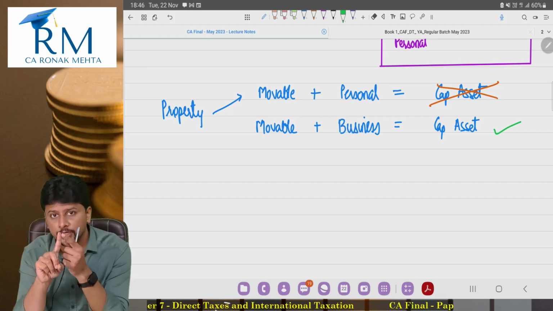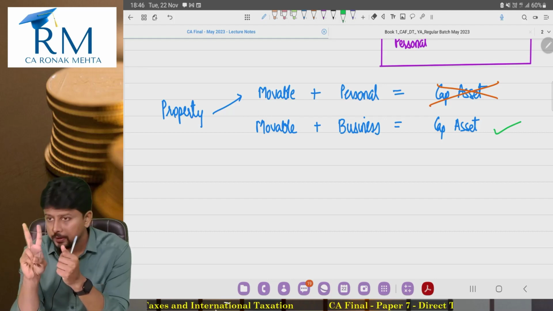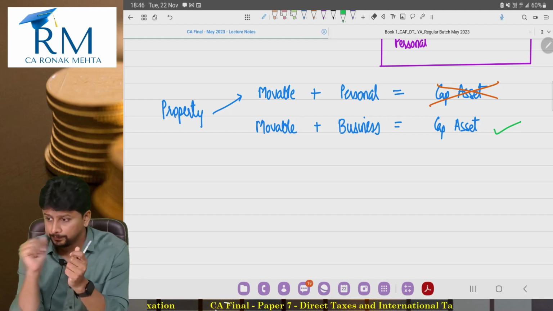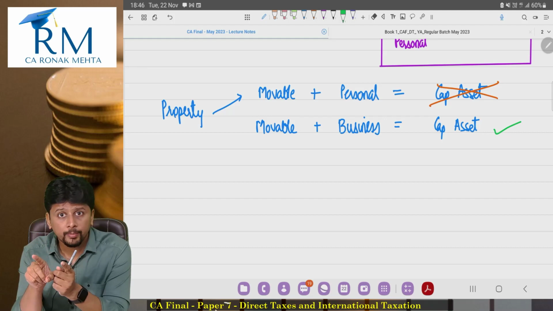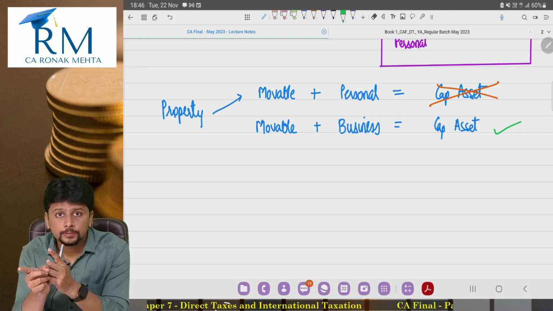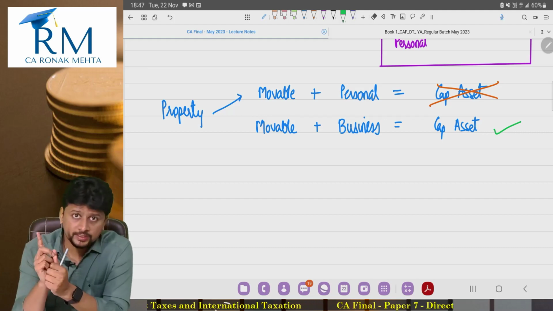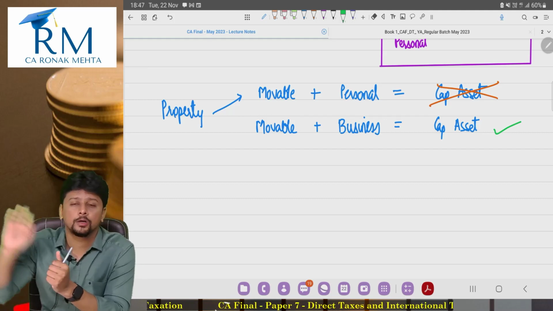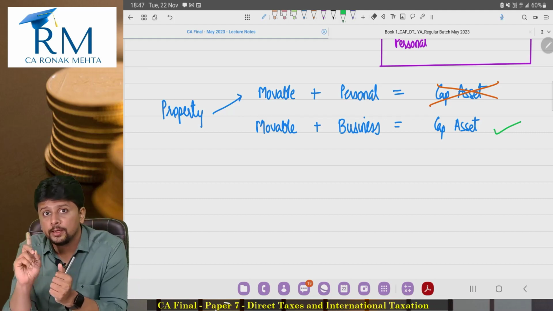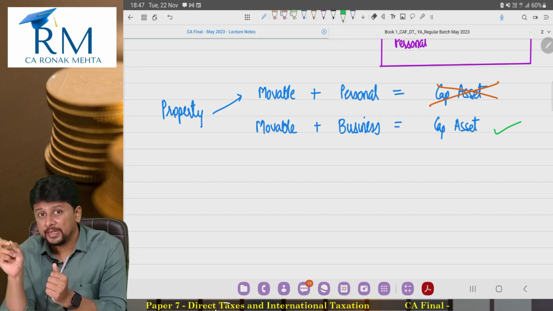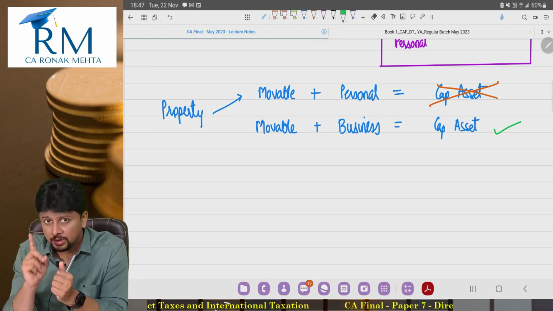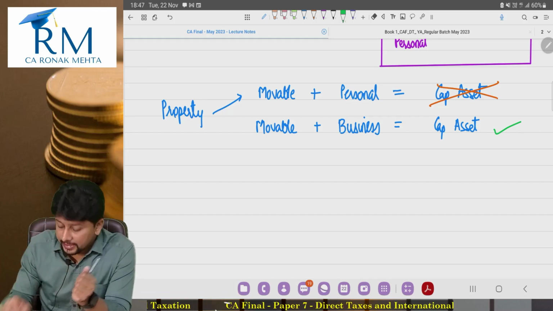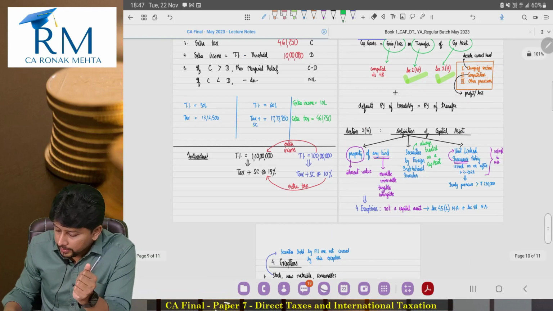Now, furniture, movable, machinery, movable, plant, movable. They are movable, but they are held for business use. Now, if you recollect your CA Inter, when you would sell the entire block, you did not calculate depreciation, you calculated capital gains. When you sell the entire block, you calculated capital gains. Why did you calculate capital gains?